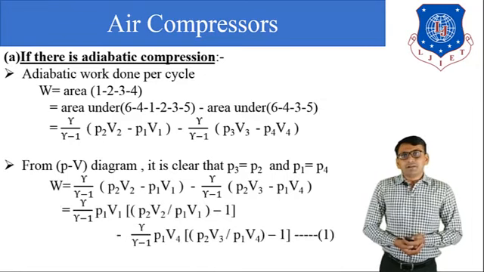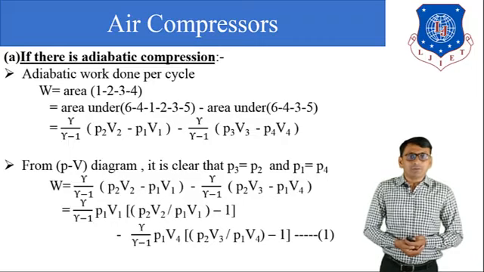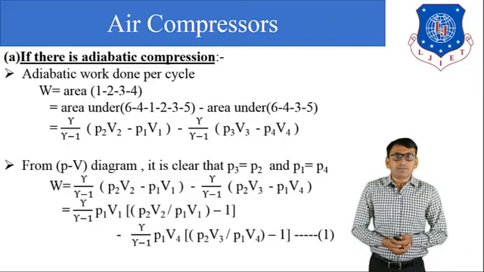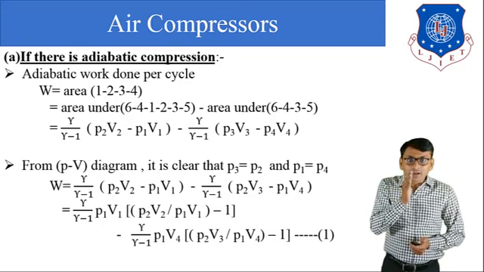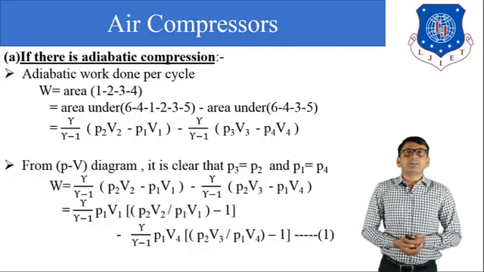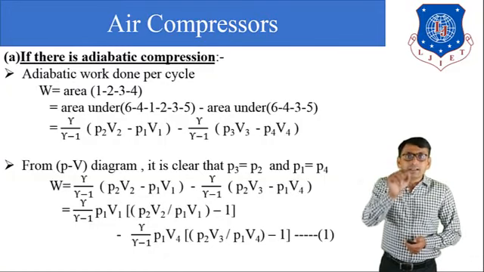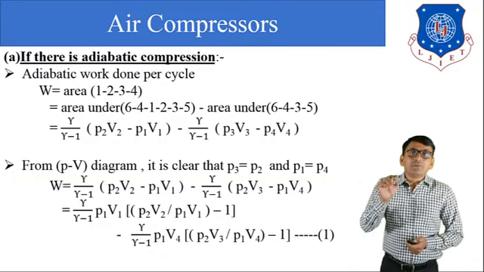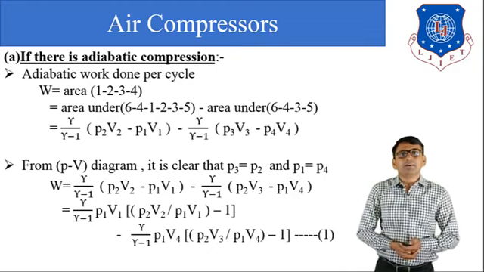Now P1 V1 is separated out, so we get gamma by gamma minus 1 P1 V1 in bracket (P2 V2 divided by P1 V1 minus 1). In the second term we take P1 V4 common, so we get gamma by gamma minus 1 P1 V4 in bracket (P2 V3 divided by P1 V4 minus 1). Okay, that is equation number 1.